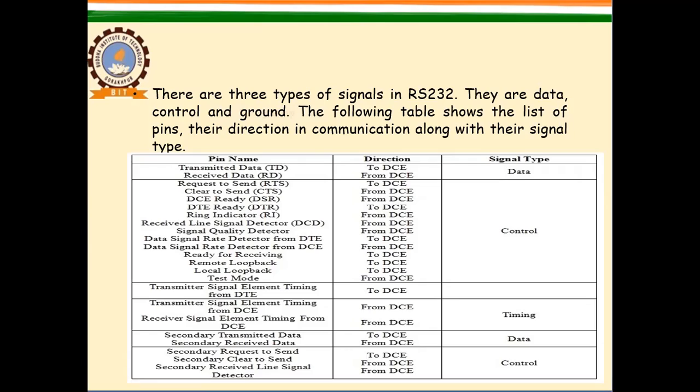So these signals, such as request to send, clear to send, DCE ready, DTE ready, ring indicator, DCD, DTE ready for receiving, remote loopback, local loopback, come under the category of control, because by using these control signals only, the actual data transmission takes place.